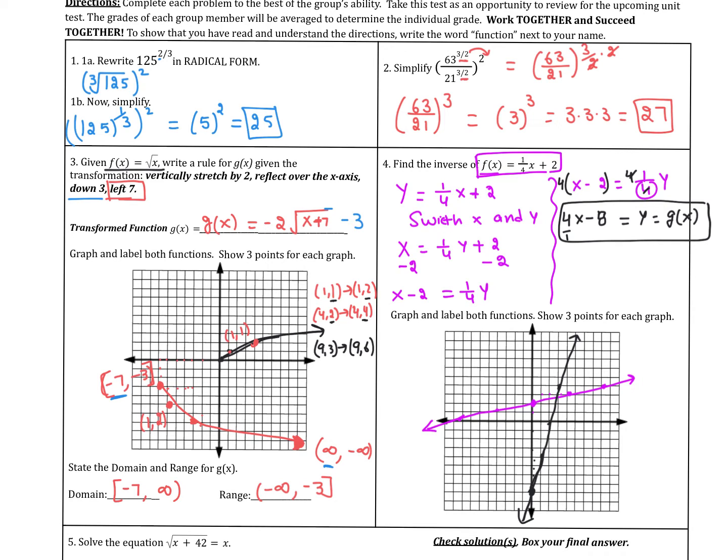Then you can also look at the reflection line that passes through the center of these two lines, and it is always the line y equals x.